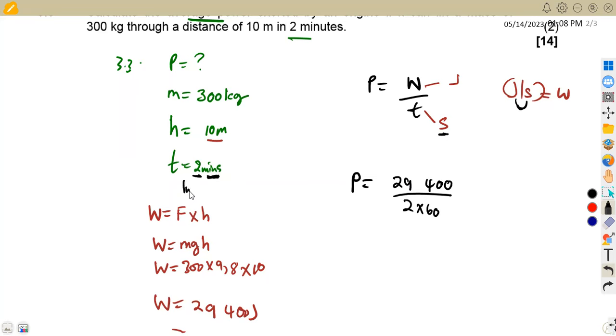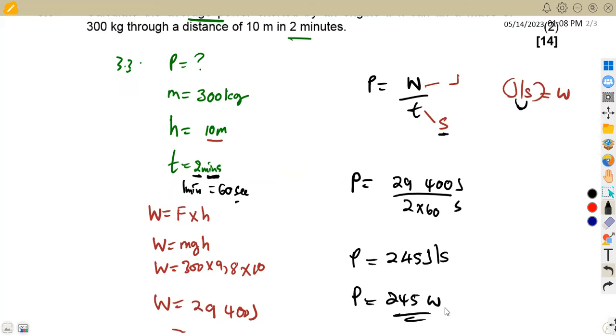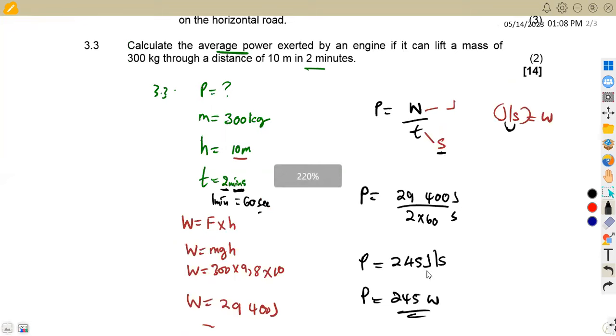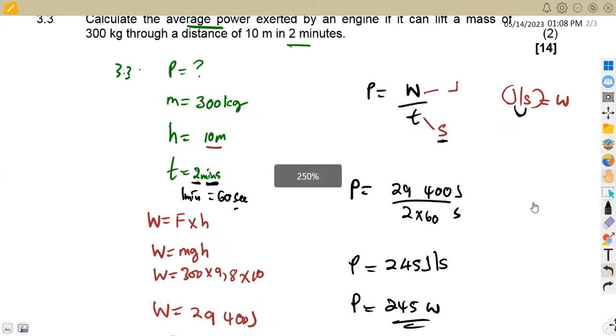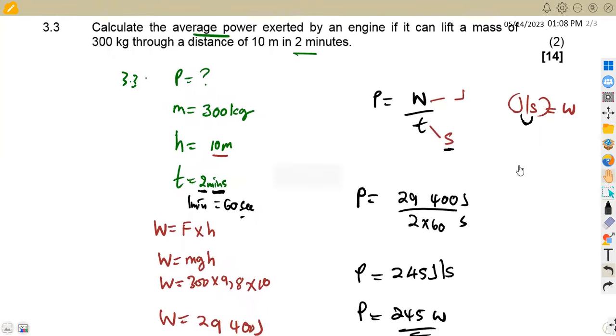Remember, in a minute we have got 60 seconds, so we multiply by 60. So this is going to give us power measured in watts. That is going to be 245 joules per second. So these are joules, these are seconds, which simply means 245 watts. All right, so that is how we could have calculated the power from the given information that we had for the engine.